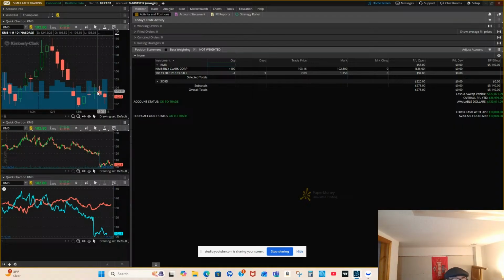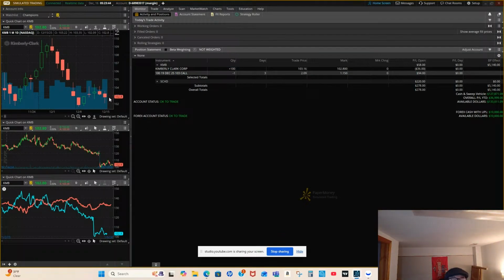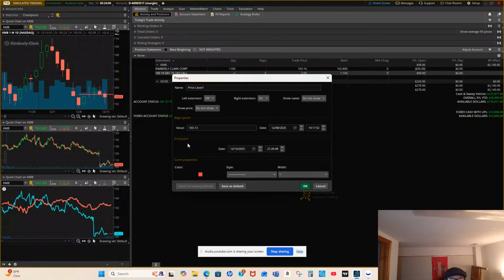I'm going to drop down here so I can do something real quick. First thing I want to do is hit that button. I'm going to add a price level of where we got in, 103. That is where we will be at $103.